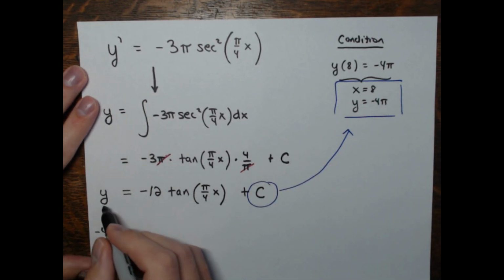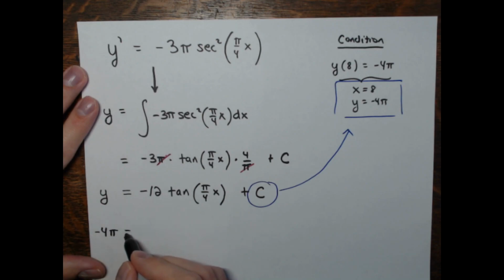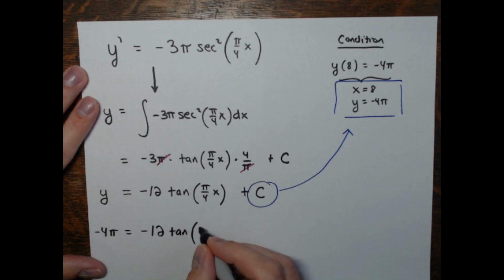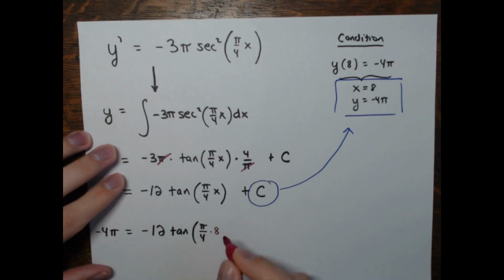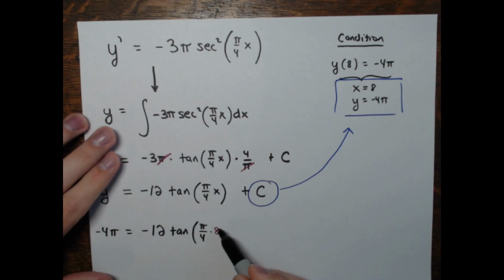So the left side has y, that's negative 4 pi, equals negative 12 times the tangent of pi over 4 times 8, replacing x with 8 there, and then plus some constant.